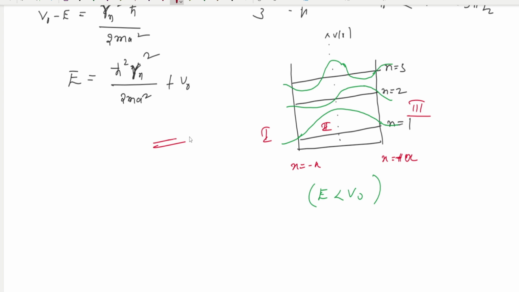So they are giving different types of bounded state potential energy values from an examination point of view, and they are asking to find the energy levels according to how their question is framed.